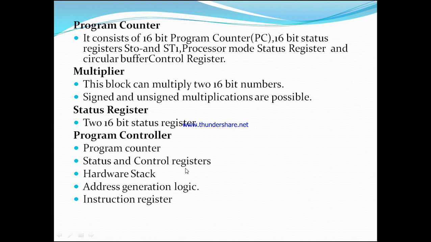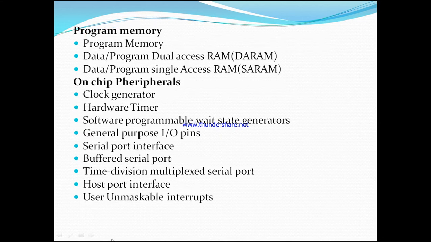They include the circular buffer control register. Next one, program memory. The program memory is here a 16-bit on-chip maskable programmable ROM. The program memory can reside both on and off chip.